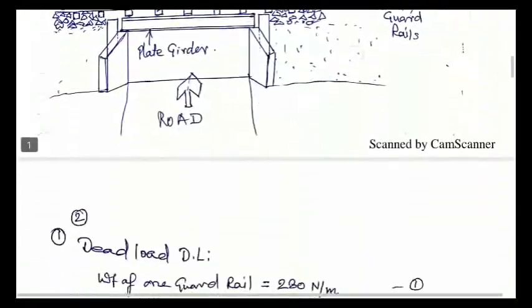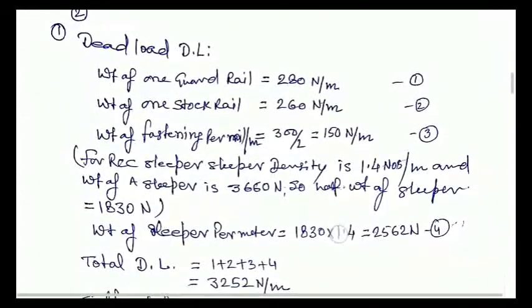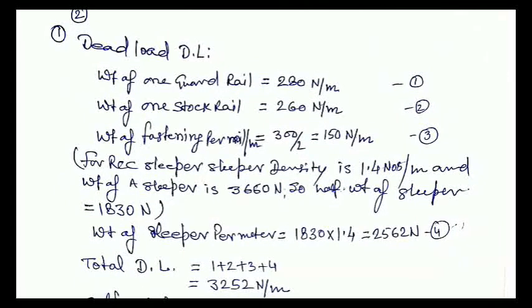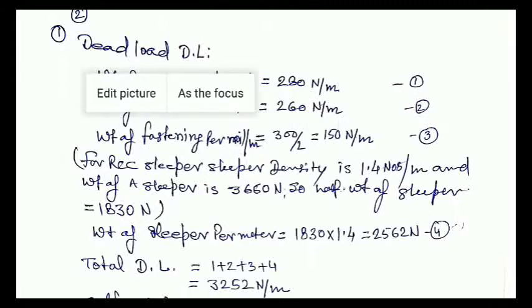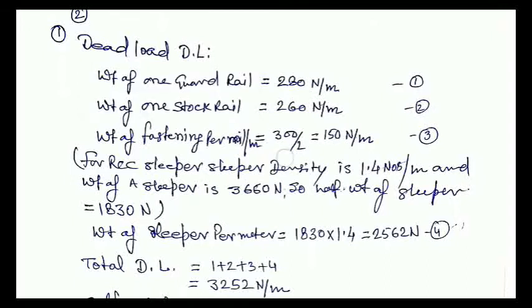First of all, find out the dead loads. The weight of one guardrail is 280 Newton per meter, and the weight of one stock rail is 260 Newton per meter. Weight of fastenings per meter comes out to be 300 by 2 equal to 150 Newton per meter, because 300 is for both lines.